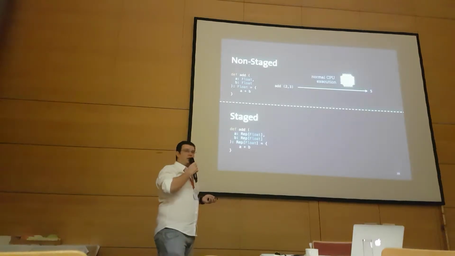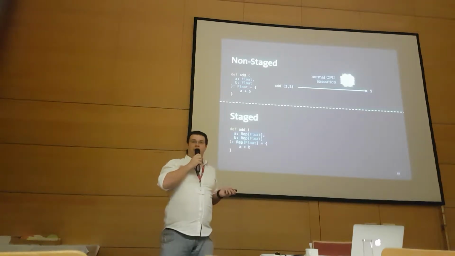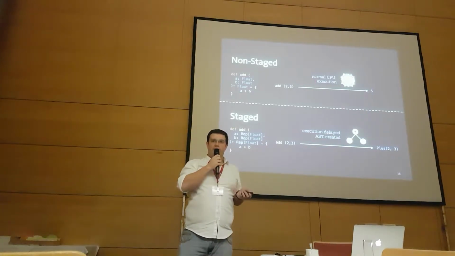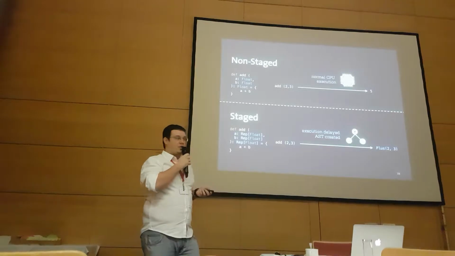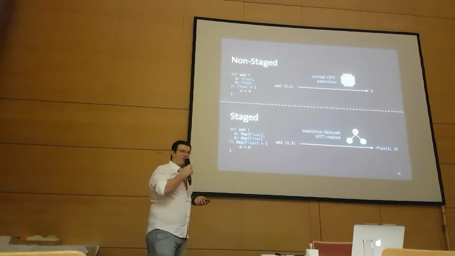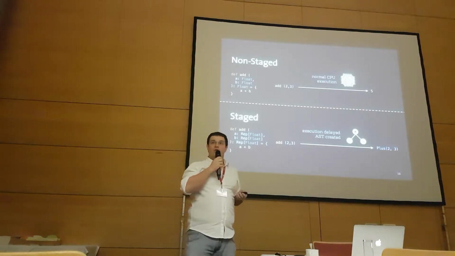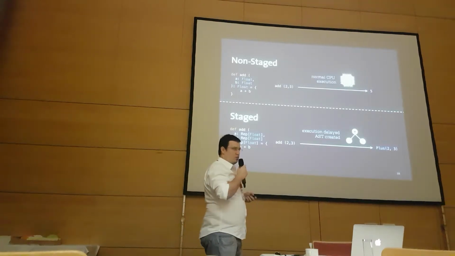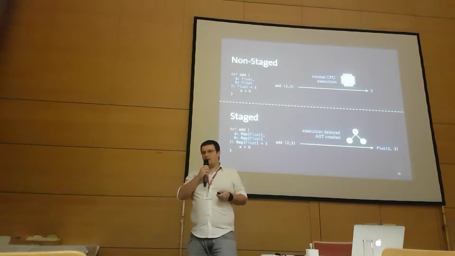Then, once we execute this piece of code, instead of obtaining the result, we have delayed execution, and an AST is created. So the result of adding 2 and 3 is basically a node in the AST, which represents the addition of 2 and 3. So why is this cool and why is this important?